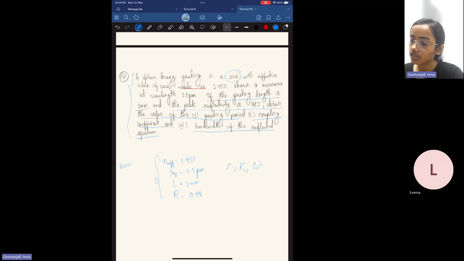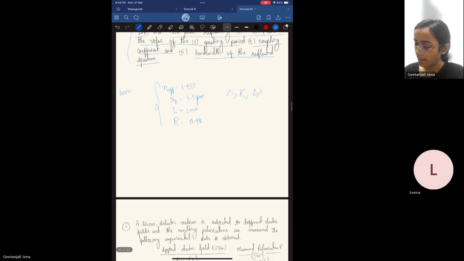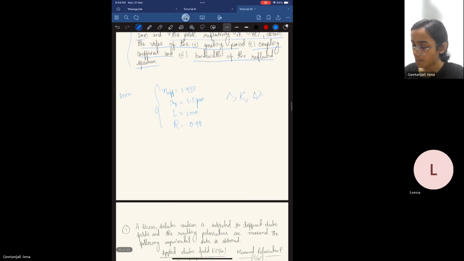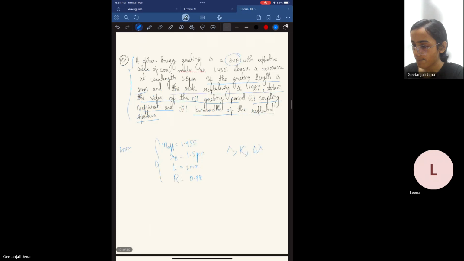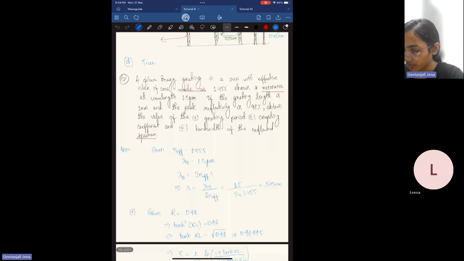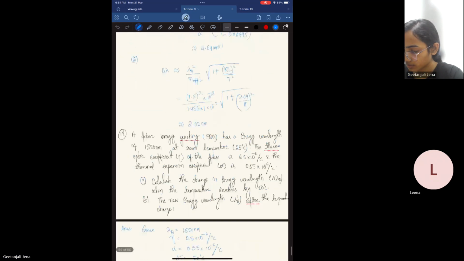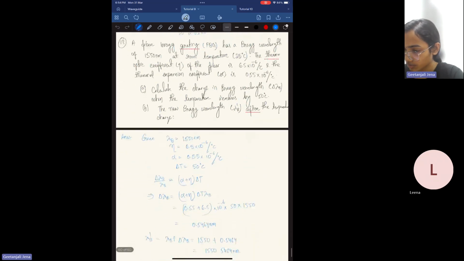So if you know the formulation or the formulas, the different expressions for this, you can easily find out the options for this question. Okay.